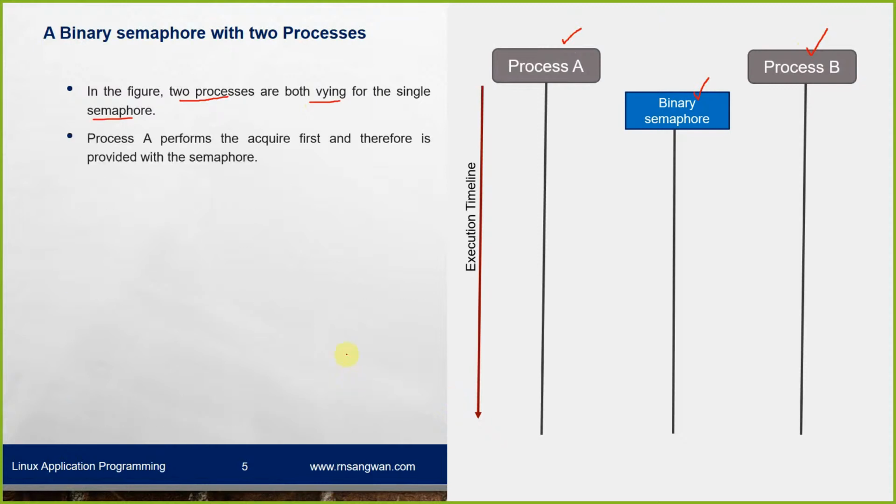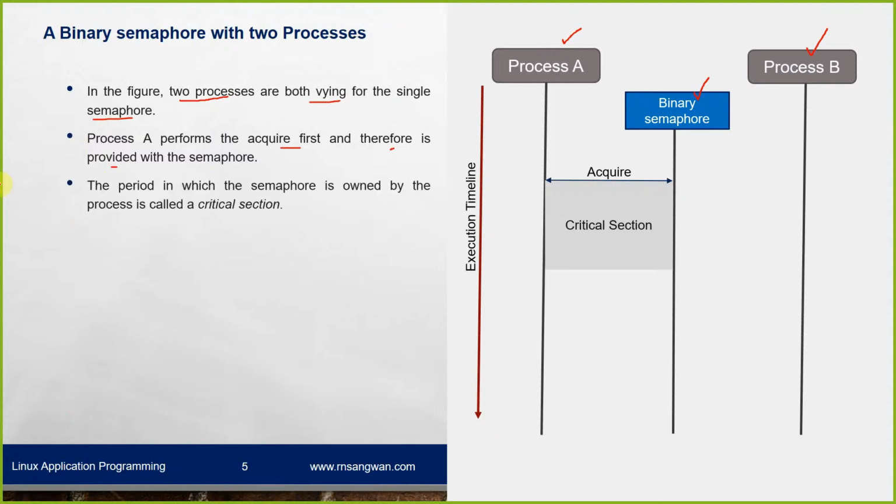Process A performs the acquire first, and therefore it is provided with the semaphore. So process A requests a semaphore, acquires it, and is provided with it. We are talking about a single binary semaphore. The period in which the semaphore is owned by a process is called the critical section.